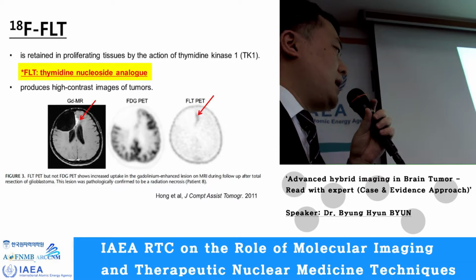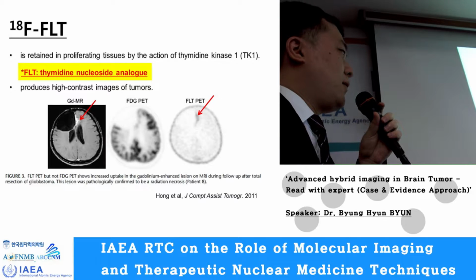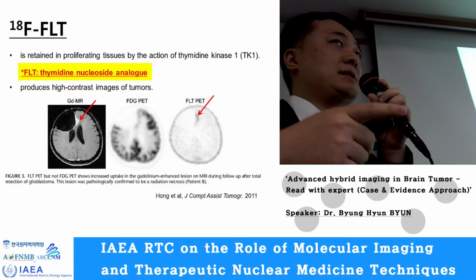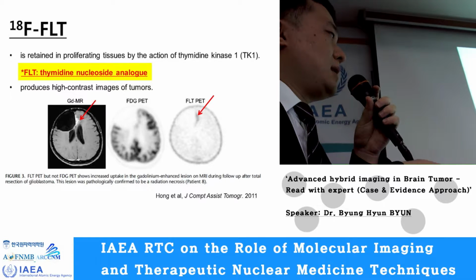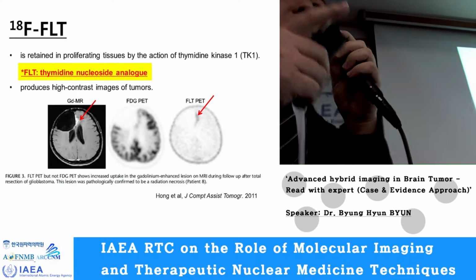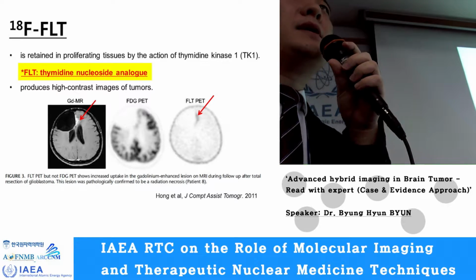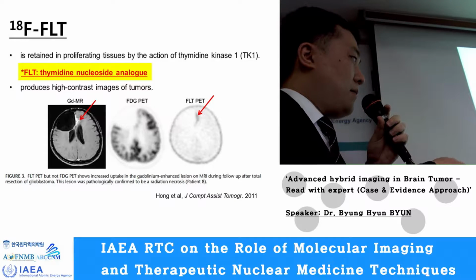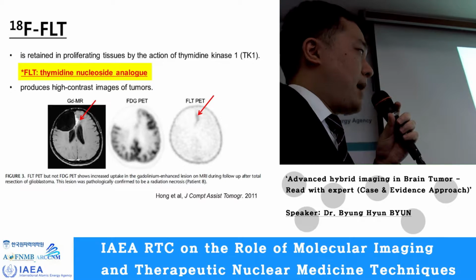For example, on this MRI, the patient was treated with tumor resection, and there were some enhancing lesions around the resection margin, so clinicians suspected tumor recurrence at this site. But you cannot see a significant hypermetabolic lesion on FDG PET.